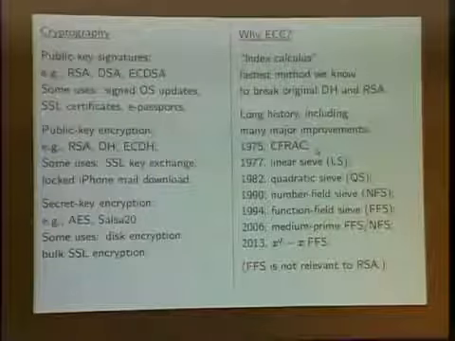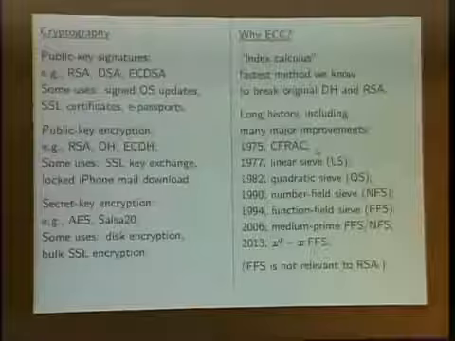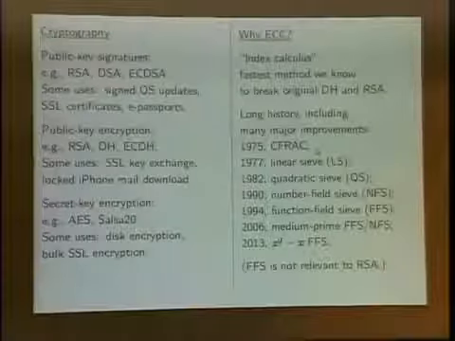There's a CFRAC algorithm. And then suddenly, in the late 1970s, there was the original Diffie-Hellman public key system and RSA. And that attracted a lot of attention to how fast can we factor numbers, how fast can we compute discrete logs. And people started really developing this index calculus idea. A lot of the buzzwords are listed here, like the linear sieve, the quadratic sieve, the number field sieve, the function field sieve.